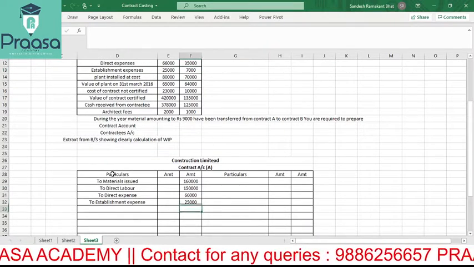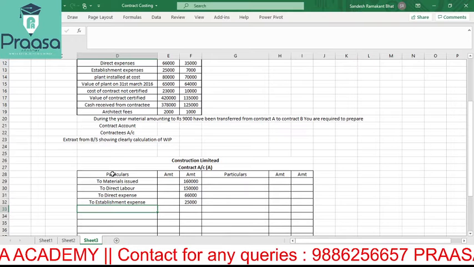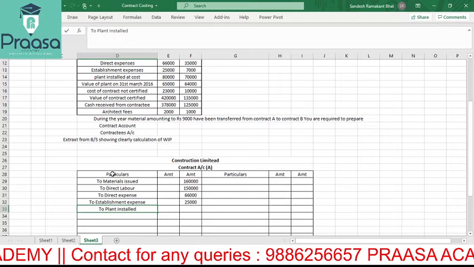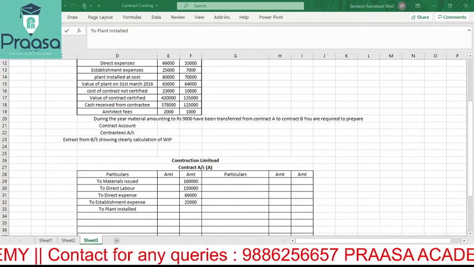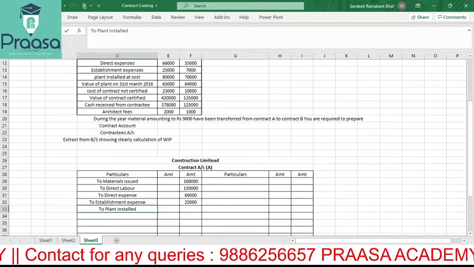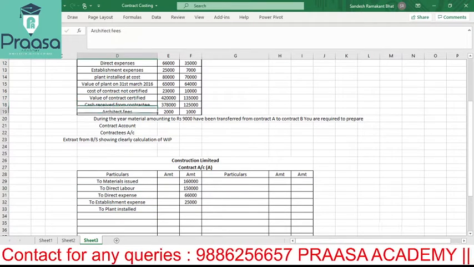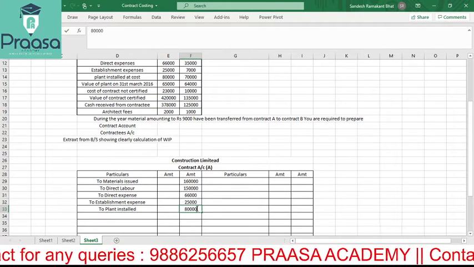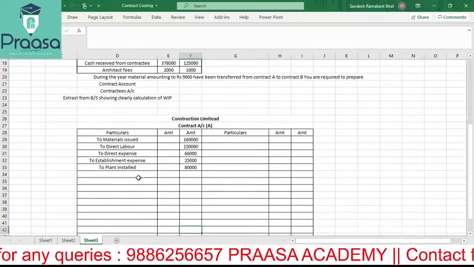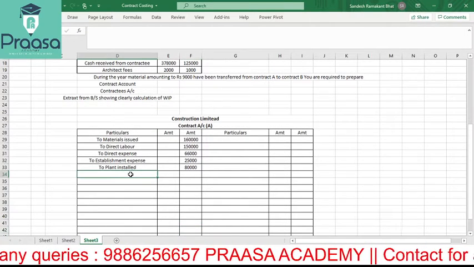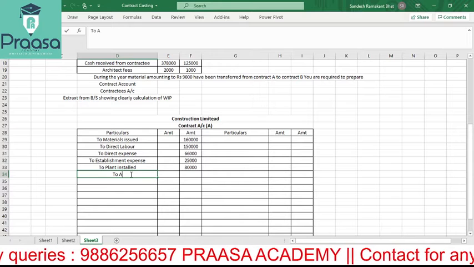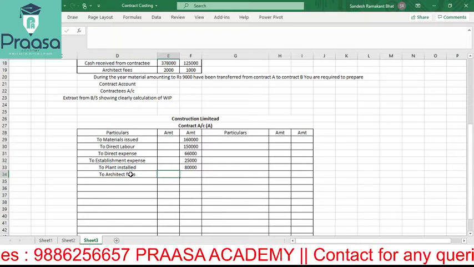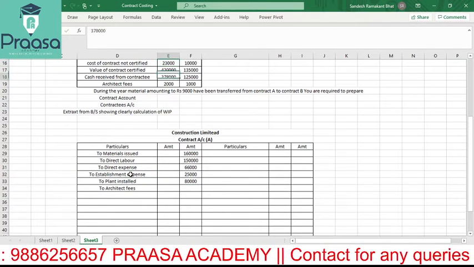Yes, 25,000. Next, to plant installed. What is the cost of plant installed? 80,000. Then to architect fees. How much is architect fees? 2,000.